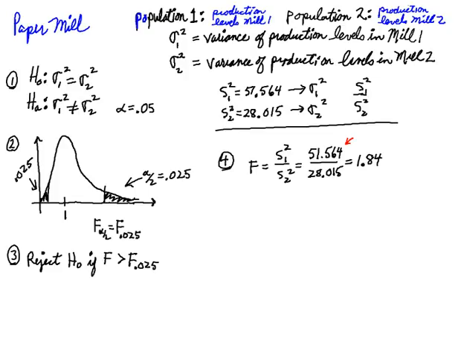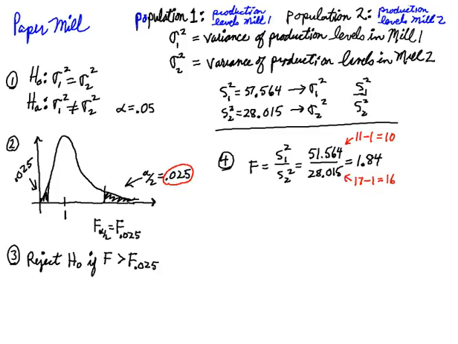And in our case, our sample size was 11, so 11 subtract 1 is 10. And for population 2, our sample size was 17, so I'm going to subtract 1 from the 17 to get 16. Also, I have an upper tail area of 0.025.